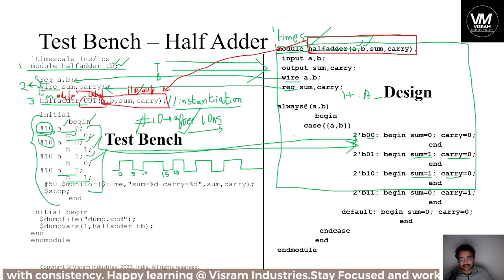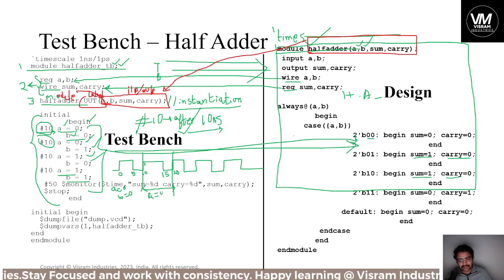What are we saying? For the first 10 nanoseconds, a is equal to 0, b is equal to 0. From the 11th to the 20th nanosecond, you consider a is equal to 0, b is equal to 1.